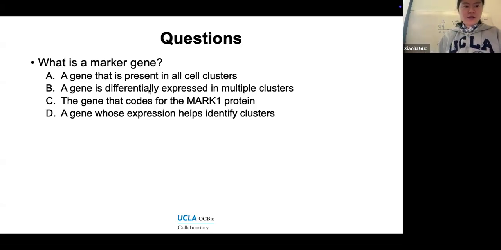But still keep in mind that a combination of genes can help us identify the cluster.